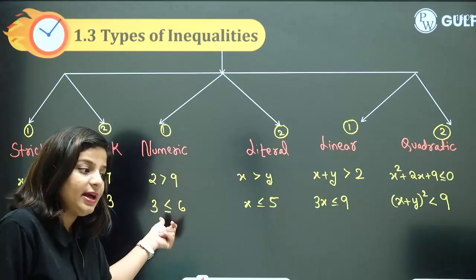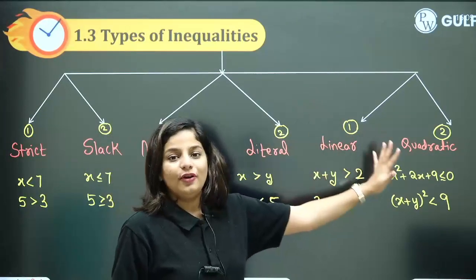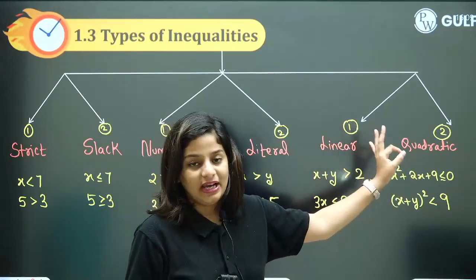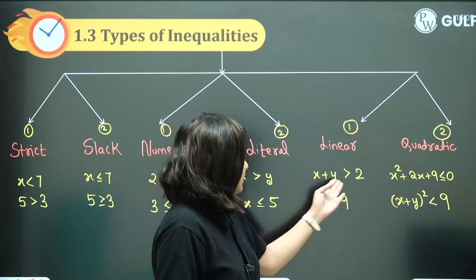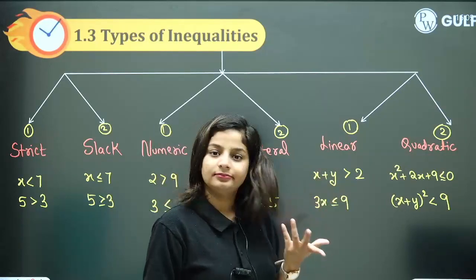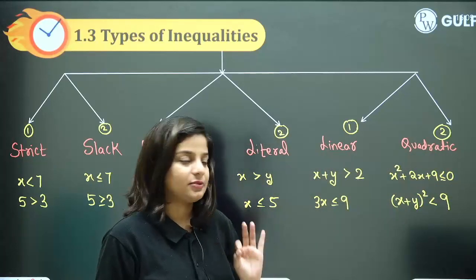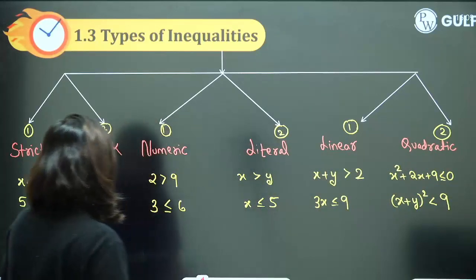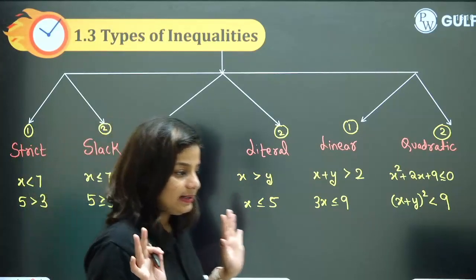If you see only numbers, numeric inequality. Moving to the third way of categorizing the inequalities, linear and quadratic based on the power. Power is 1, linear. Power is 2, quadratic. Highest power, that is the degree. So these 6 types of inequalities are there.